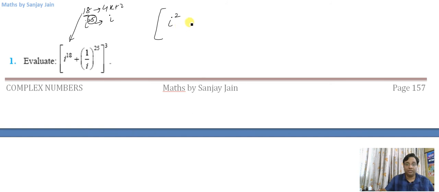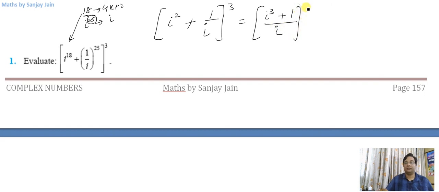So what I'm going to write here is iota squared plus 1 upon iota cubed. And further you can simplify it. You can write it as iota cubed plus 1 divided by iota cubed. And what is iota cubed? It is minus iota. So you can write 1 minus iota in the numerator and iota in the denominator.